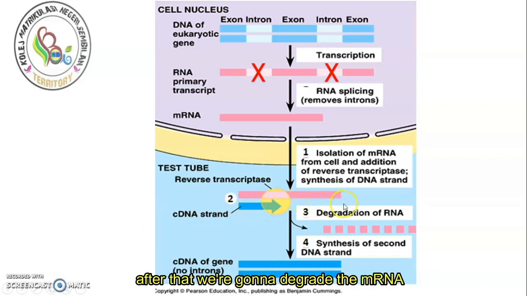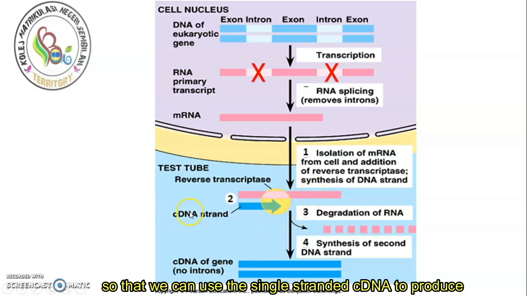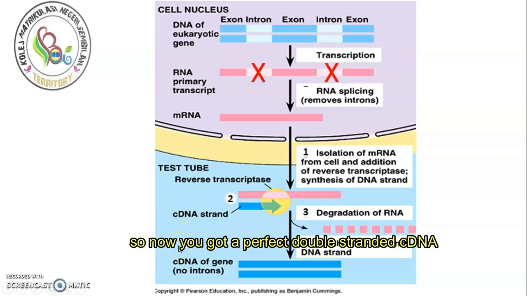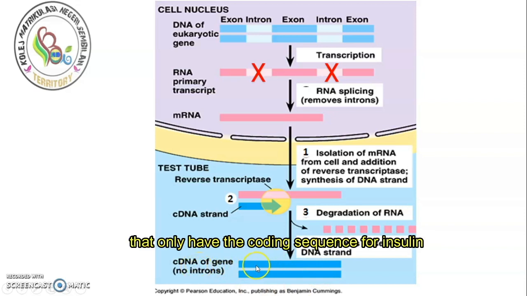After that, we're going to degrade the mRNA so that we can use the single-stranded cDNA strand to produce double-stranded cDNA by adding the DNA polymerase. So now you've got a perfect double-stranded cDNA that only has the coding sequence for insulin.